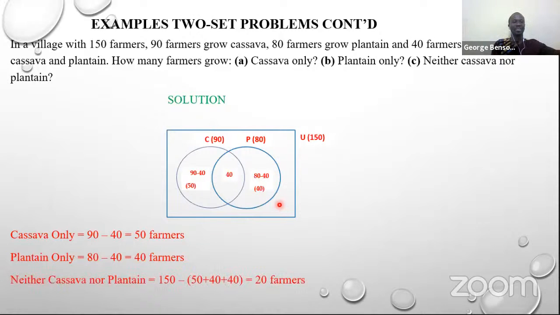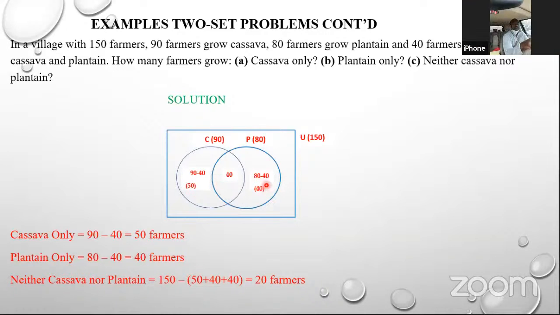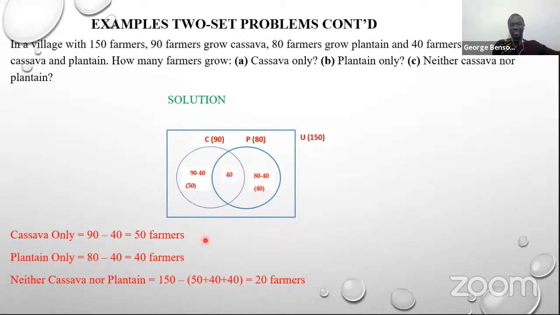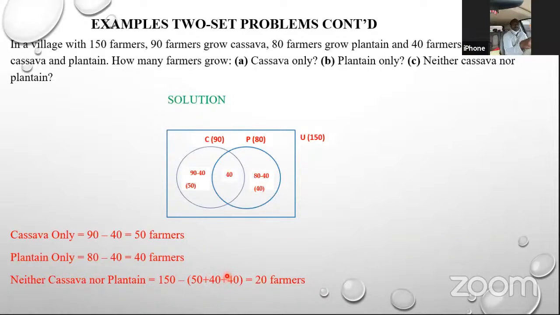So as you can see, neither cassava nor plantain, we are doing 150 minus this 50 plus 40 plus 40. That's adding all the three regions. And 50 plus this will give us 190, then plus 40 will give us 130.